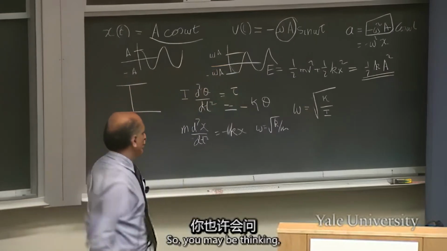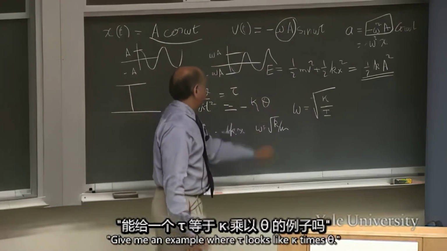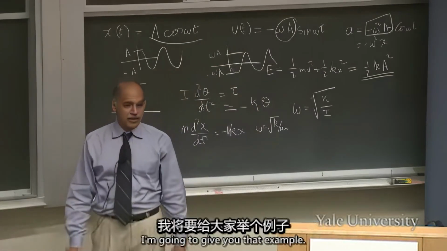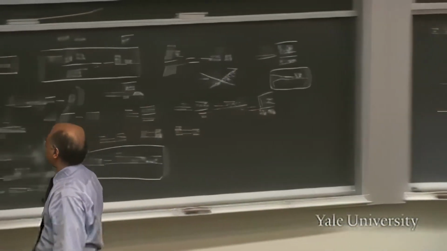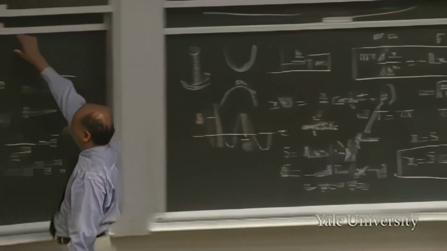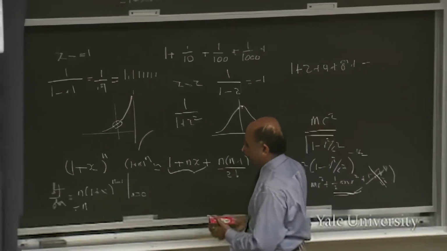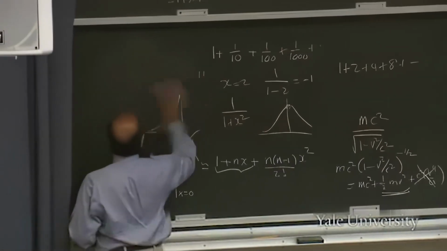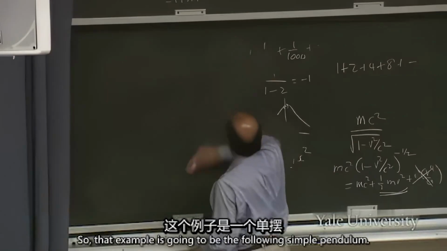So you may be thinking, give me an example where tau looks like kappa times theta. So I'm going to give you that example. So that example is going to be the following, a simple pendulum.